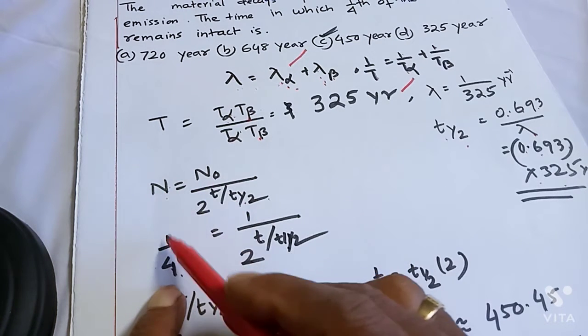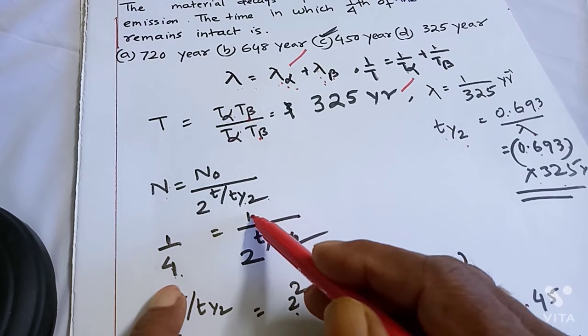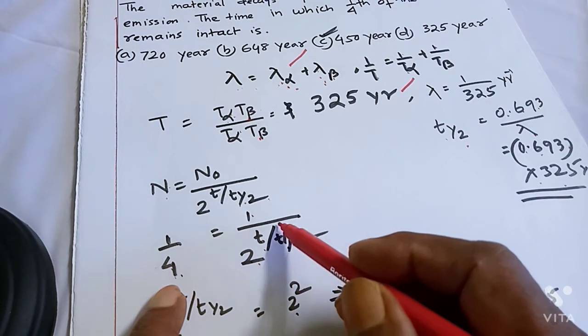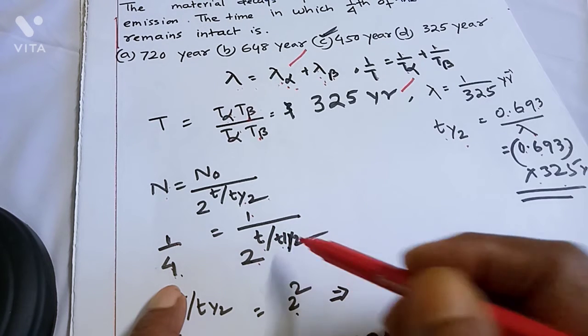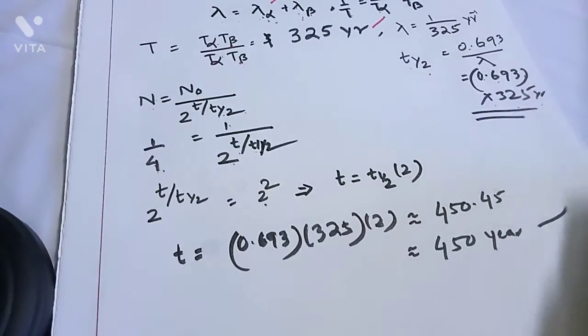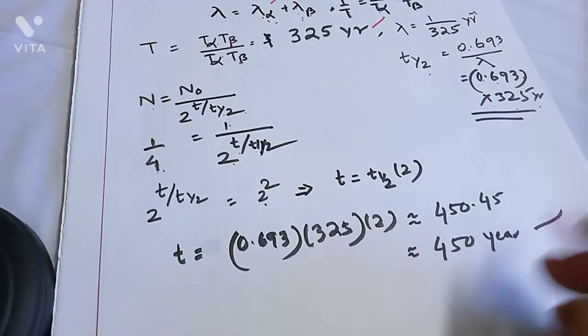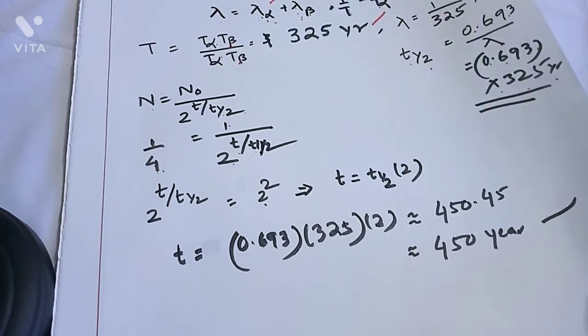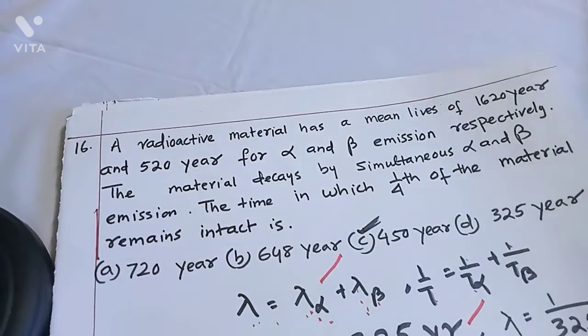So this is equal to 1 by 4 equals 1 by 2 to the power t divided by t half. Now on simplification we have t equal to t half into 2. So putting the values, we have time equal to 450.45, so nearly 450 years. So the correct choice is C.